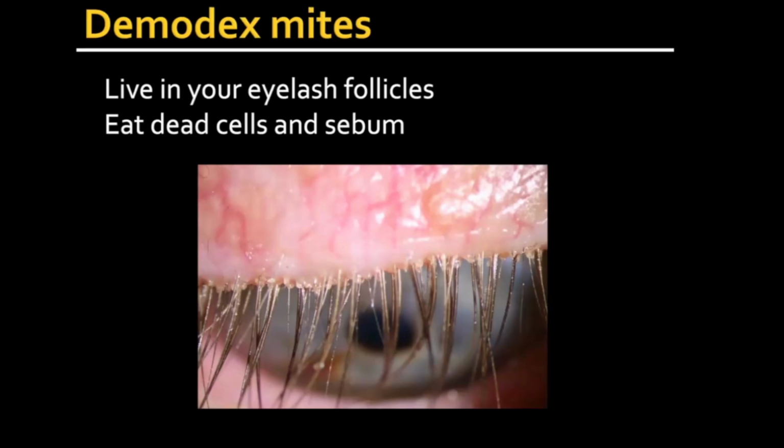But you don't want an overgrowth of them. So what you're looking at here are not the mites, but you're looking at mite crap. If you don't wash your face very much, or if you don't scrub your eyes occasionally, this is just mite crap. This is just excrement and all kinds of stuff. This is a really nasty one from these mites.